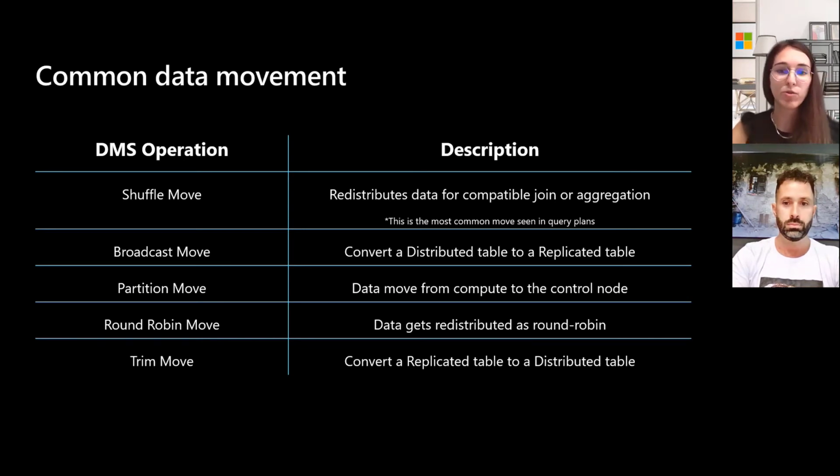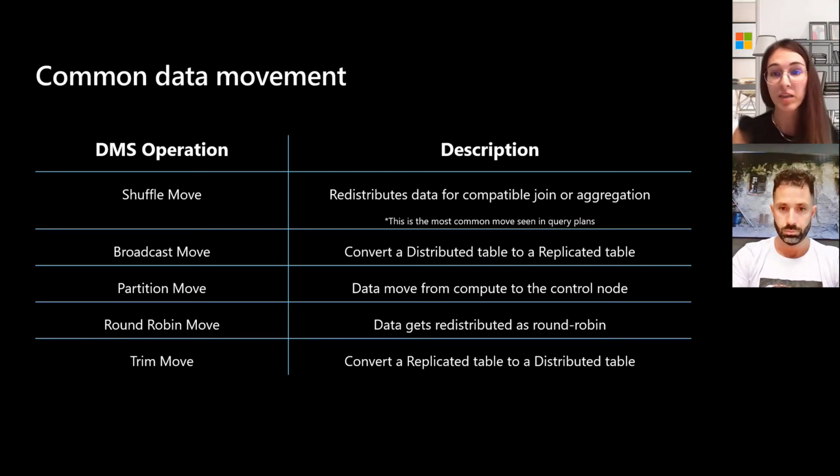This may be used, for example, when running incompatible joins or incompatible aggregations, and it can be solved by changing the distribution key. If you choose the right column to distribute your data, then you will not have this shuffle move anymore. And we will actually see this in the demonstration I will show later.